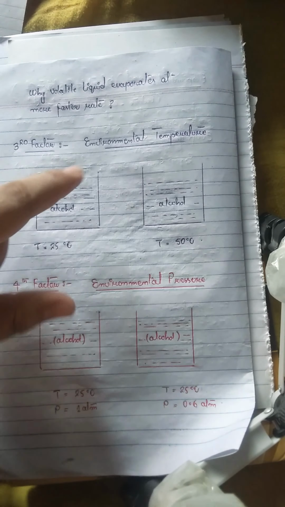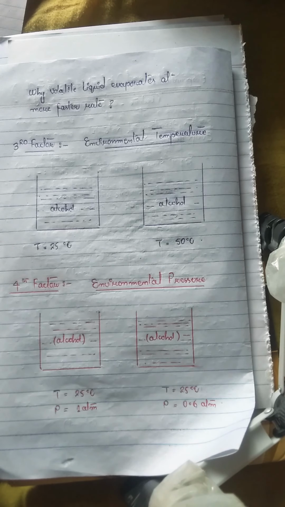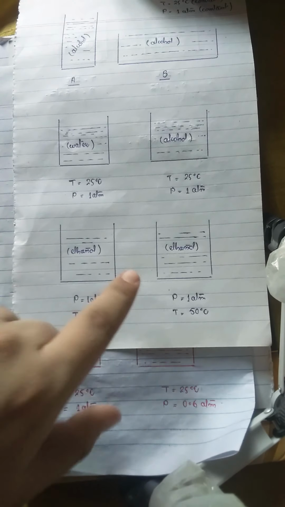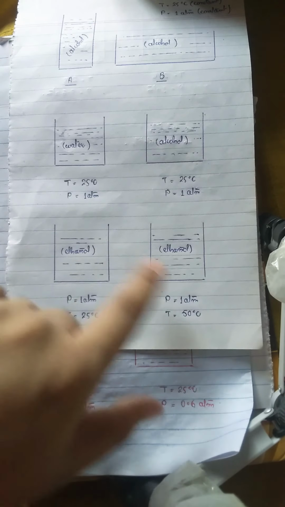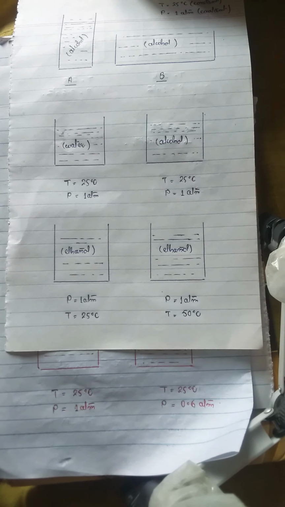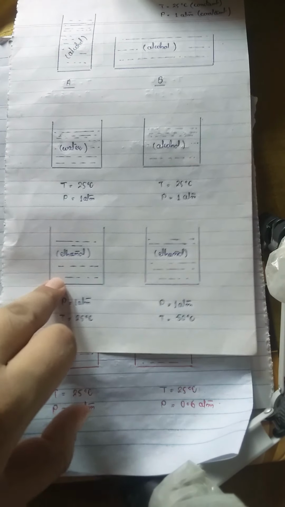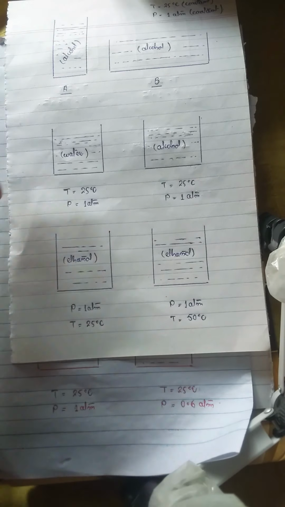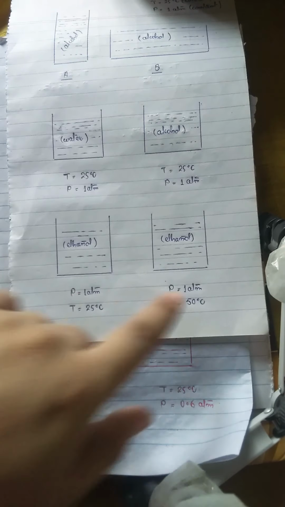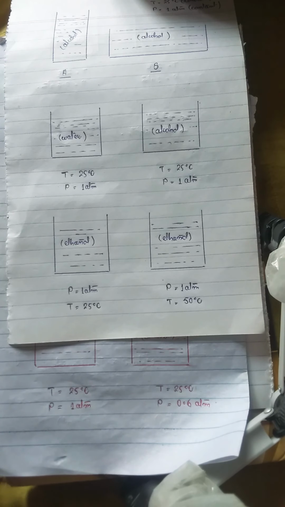The third factor is the environmental temperature. The environmental temperature also has a great effect on the speed of evaporation. We can understand this by considering an example. We consider two containers, and again the surface areas of these two containers are the same, which means there is no effect of surface area. Both containers contain ethanol, so the nature of the liquid is also the same and is not affecting the speed of evaporation. The pressure conditions are also the same, that is the standard atmospheric pressure.